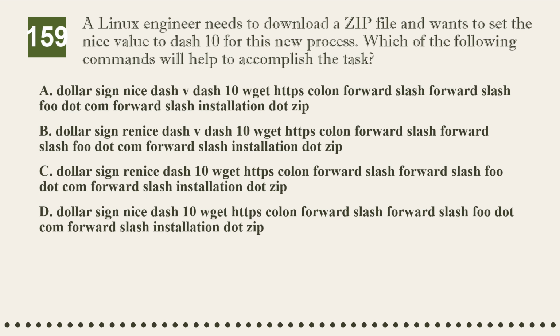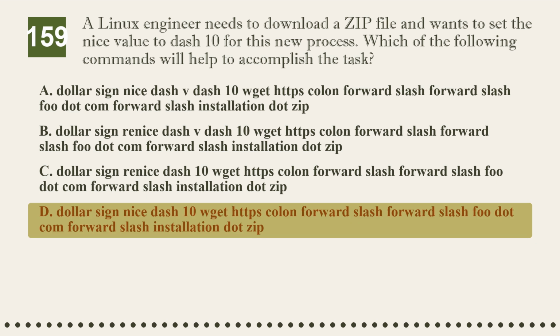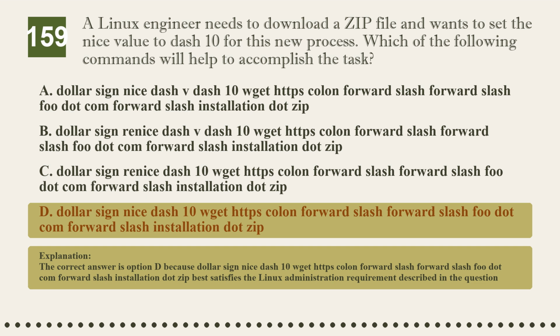Option D, $ nice -10 wget https://foo.com/installation.zip. The correct answer is option D because $ nice -10 wget https://foo.com/installation.zip best satisfies the Linux administration requirement described in the question.